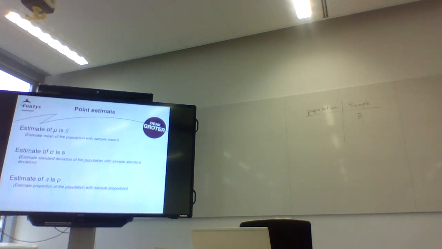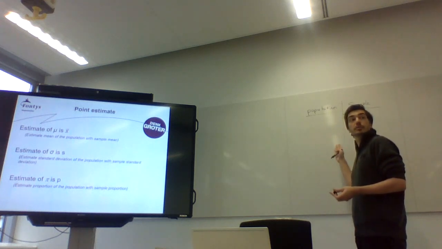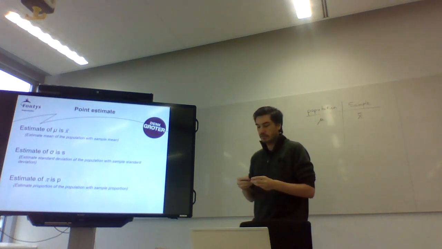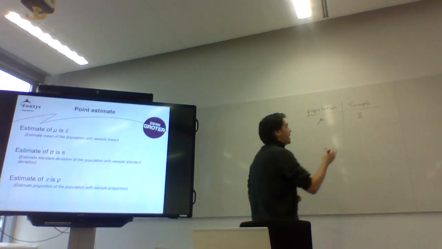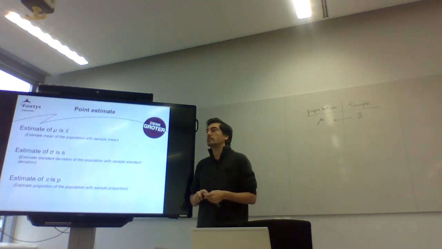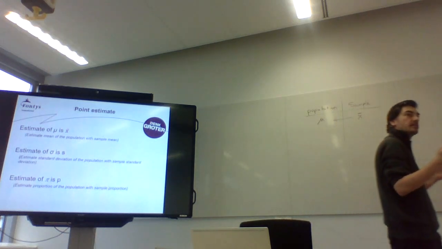It's too much work and I'm lazy. So instead, I'll ask a group of people and use that value that I get to estimate something about the actual population length.